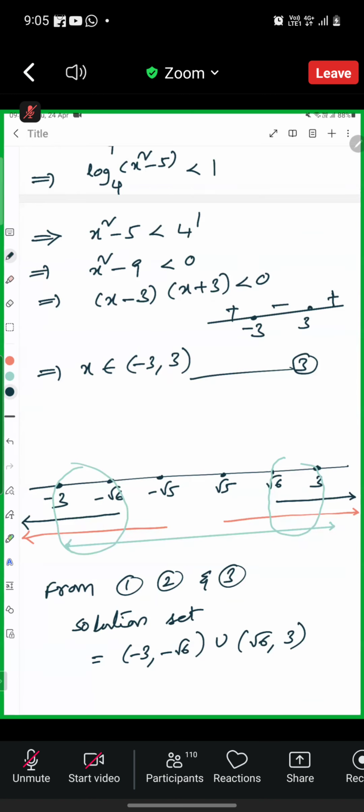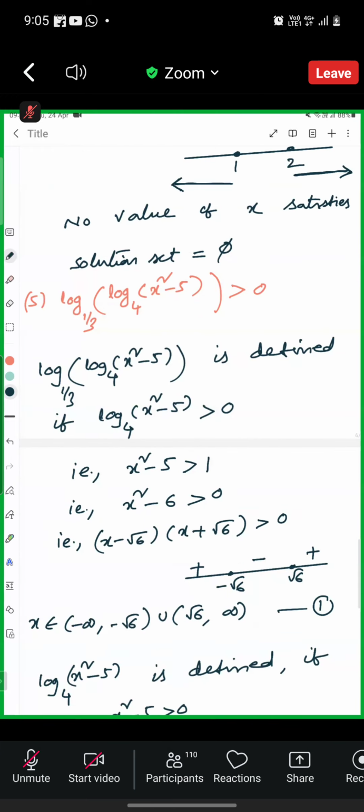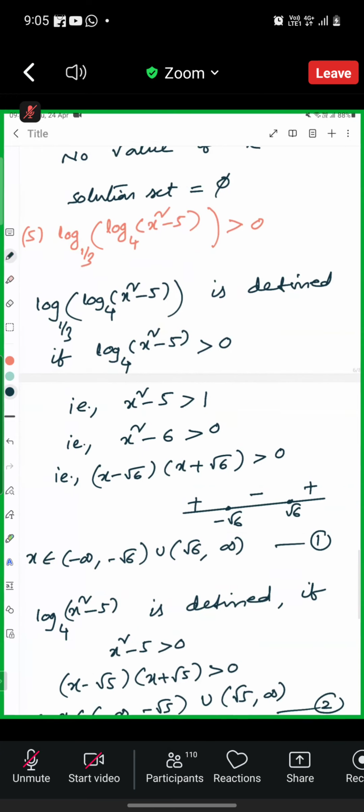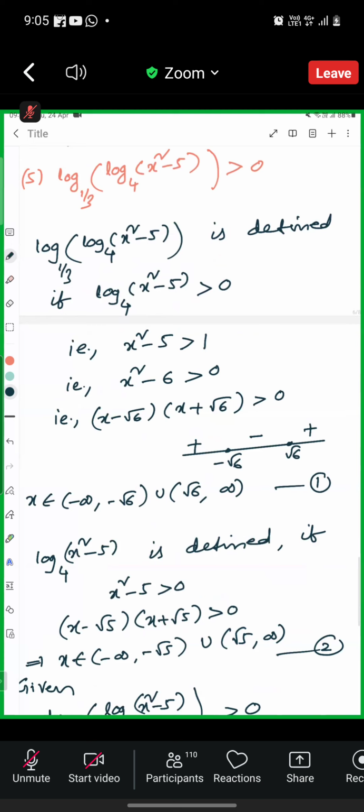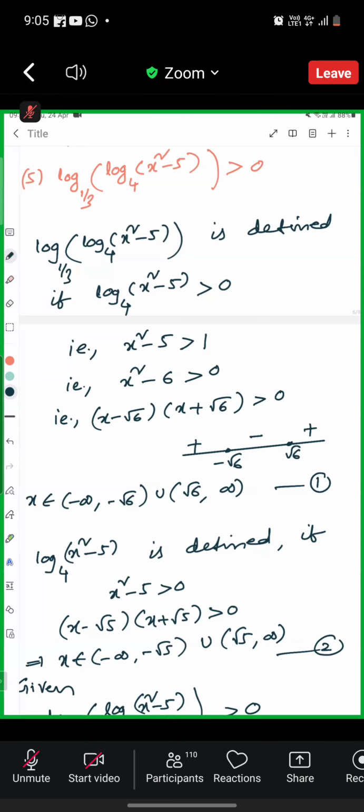Yes, sir. Writing common values. First, to define the logarithmic function, what x values are required? And then solve the inequality. Finally, take the common values of the x values that define the given logarithmic function, as well as the x values obtained from the inequality.